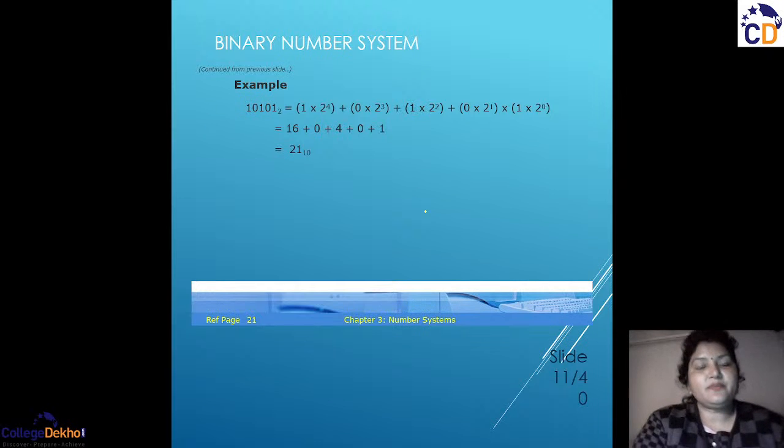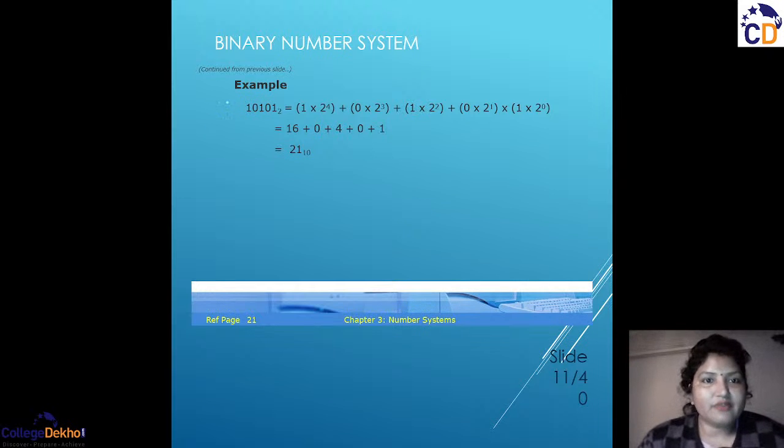Now let us see this part. You have a number like this, and for each digit we have only two options. So by checking the number, we can say this is a binary number system, because each digit, each symbol, has two options only, either 0 or 1. So the base is treated as 2.